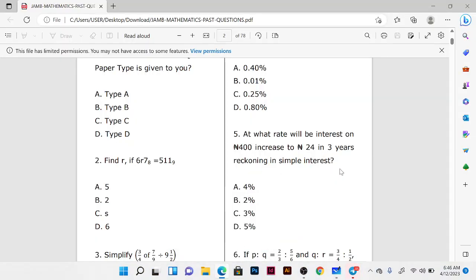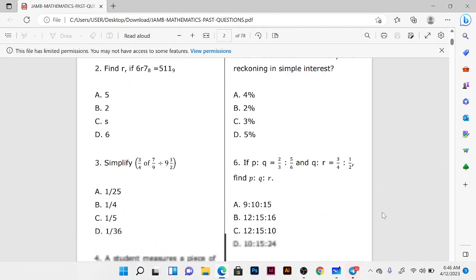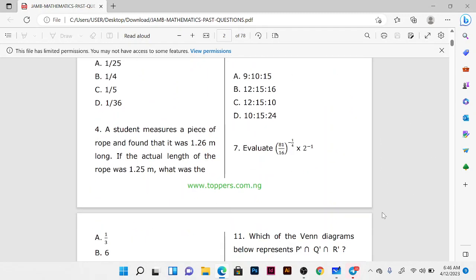So where is the question now? The question states that a student measured a piece of rope and found that it was 1.26 meter long. If the actual length of the rope is 1.25 meter, what is the percentage error?